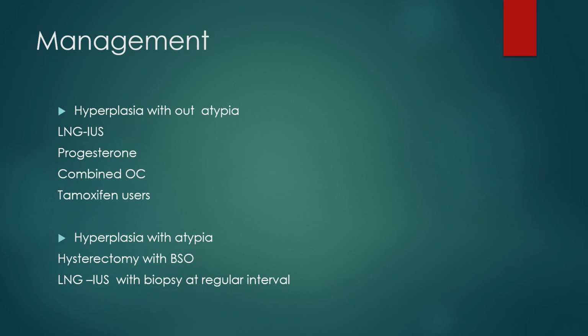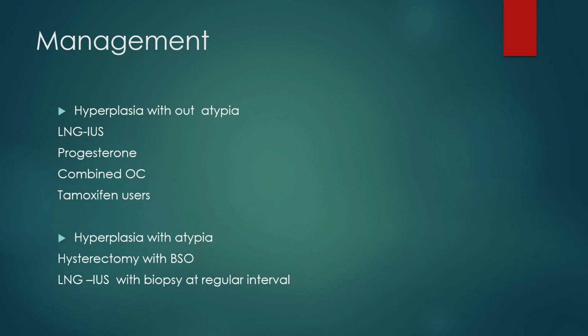In young women, we can also use combined oral contraceptive, which will cause atrophy of the endometrium. In tamoxifen users, LNG or progesterone or LNG IUS is not preferred because of the suspicion of increasing the recurrence of carcinoma breast.